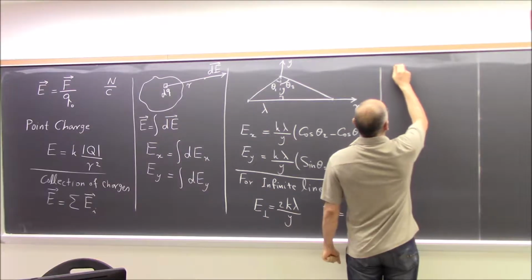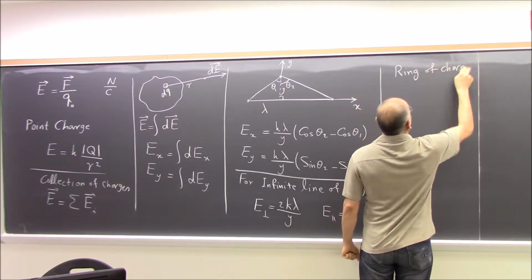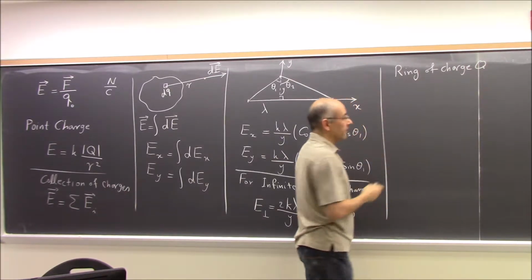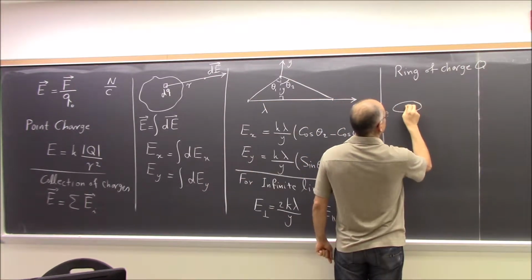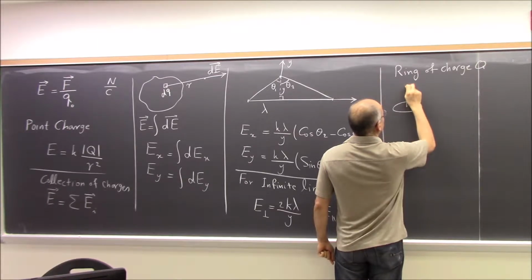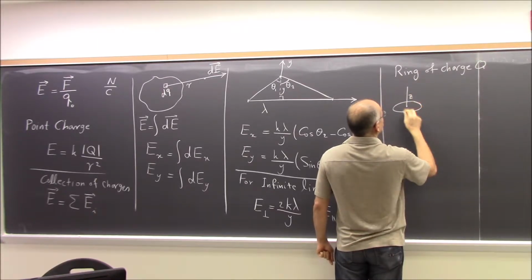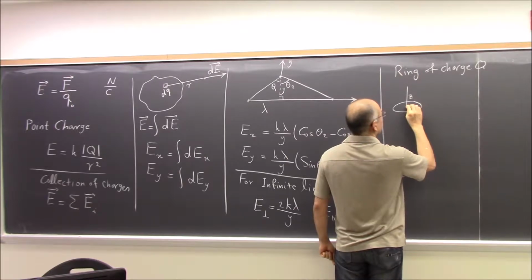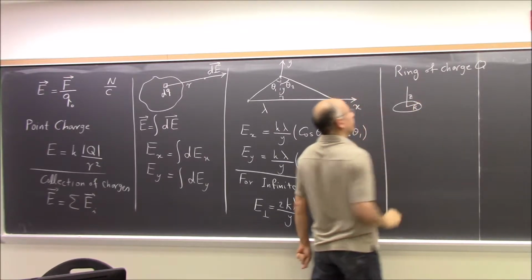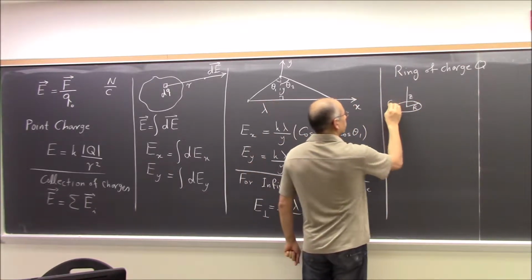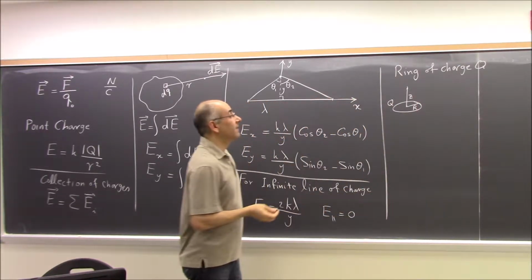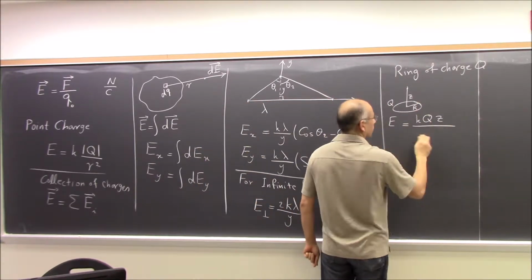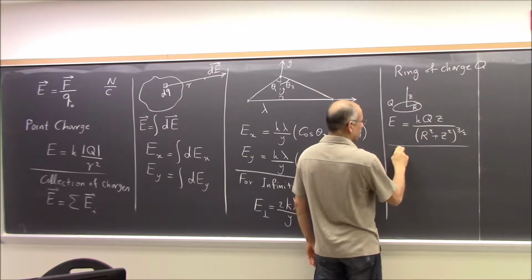And then for a ring of charge q, on the symmetry axis at distance z to the center. For example, this is distance z to the center on the symmetry axis, and the radius of the ring is r, and the charge is q. At this point, distance z, the electric field is like this.